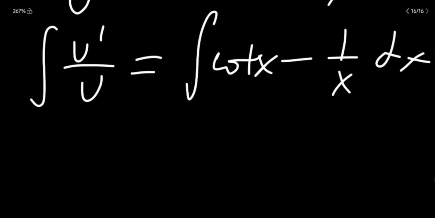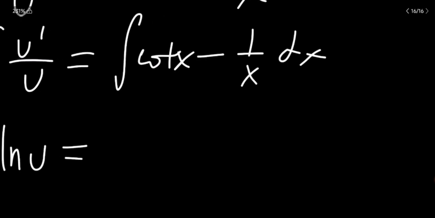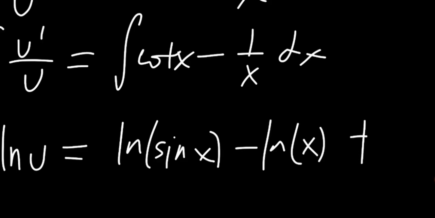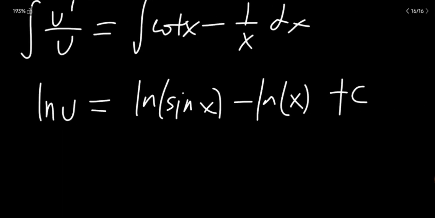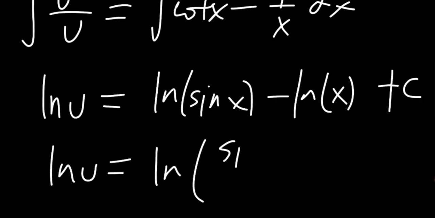The integral of u prime over u is ln u, and cotangent x gives ln sine x, minus ln x plus c. And now ln u equals ln of sine x over x plus c.